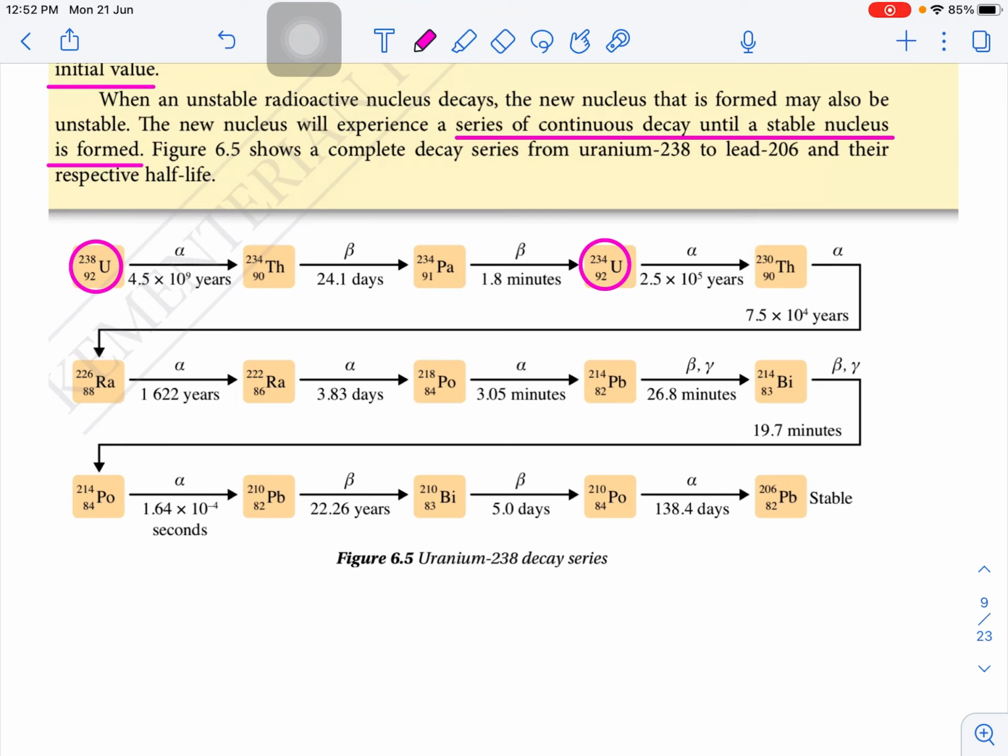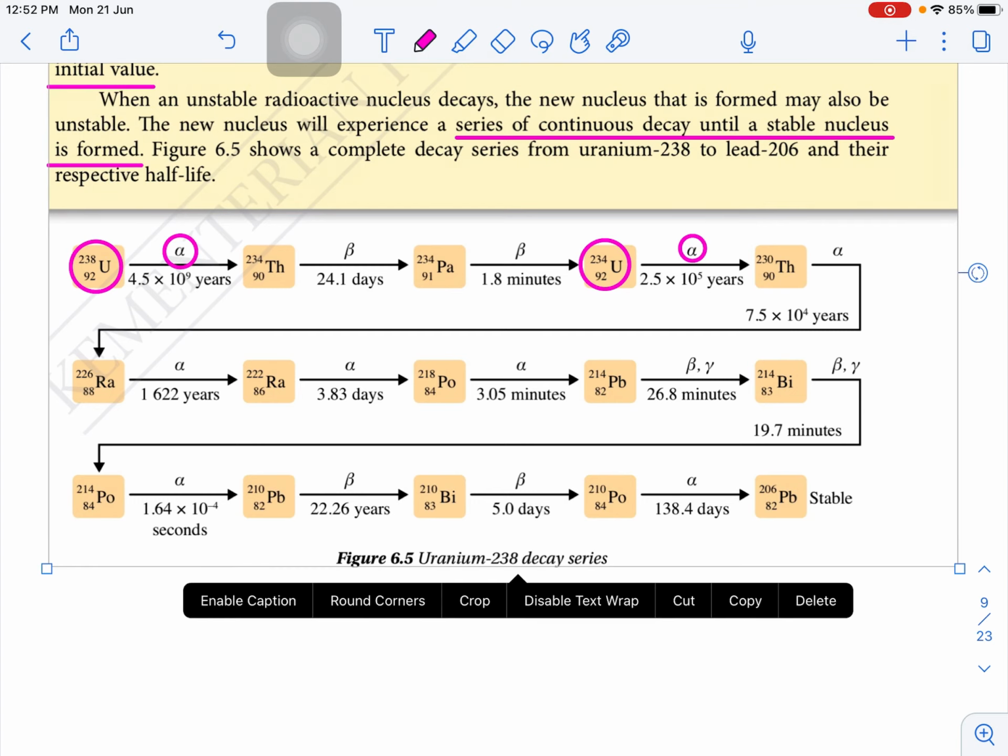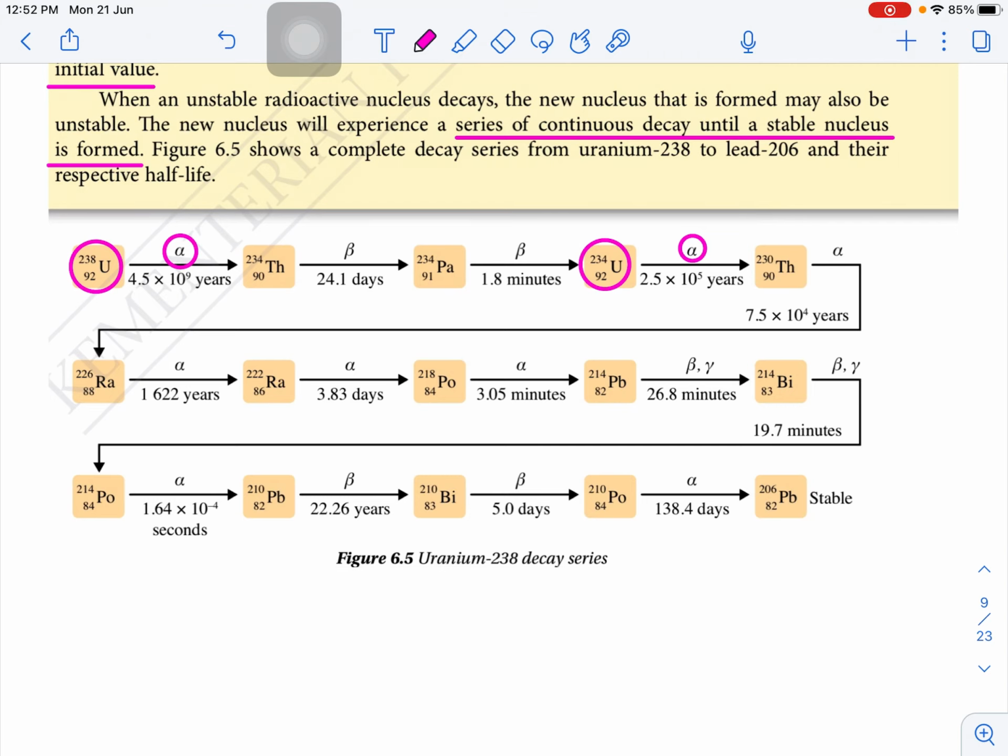Uranium-238 emits alpha particle, and uranium-234 also emits alpha particles. So when uranium-238 emits a radioactive emission, that is alpha particle, it is a radioactive element, and at the same time it is an isotope.